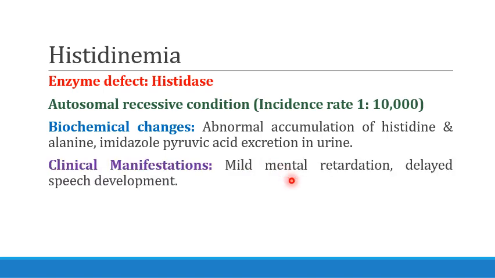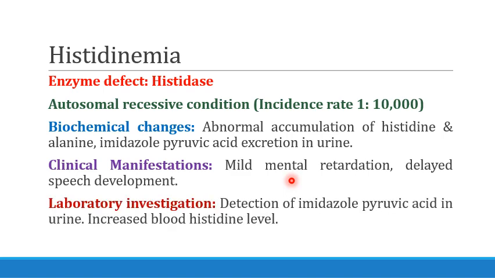Clinically, patients present with mild mental retardation and delayed speech development. Lab investigation: the metabolite imidazole pyruvic acid is detected in the urine, and the blood shows an increased level of histidine. Treatment: the patient is advised a diet that is low in histidine.